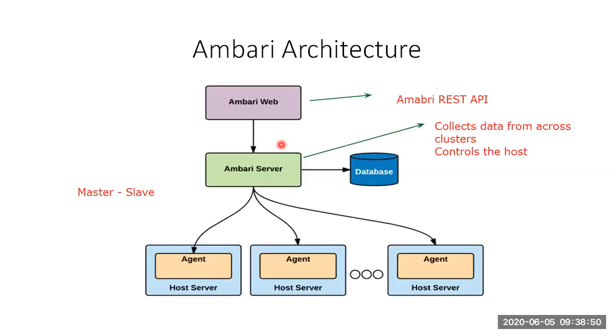This will be acting as a master slave node, Ambari server and Ambari agents. You can have multiple agents. So this is how this architecture works, and the instructions will be given by this Ambari server and carried out by the Ambari agent.